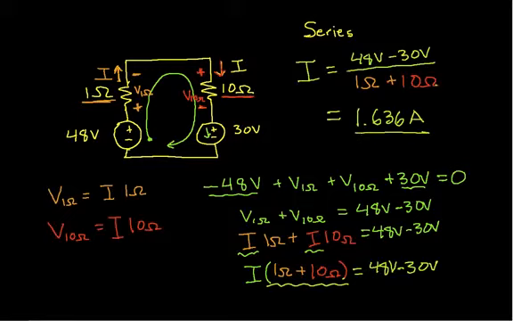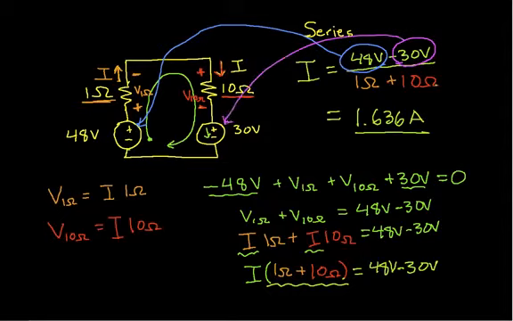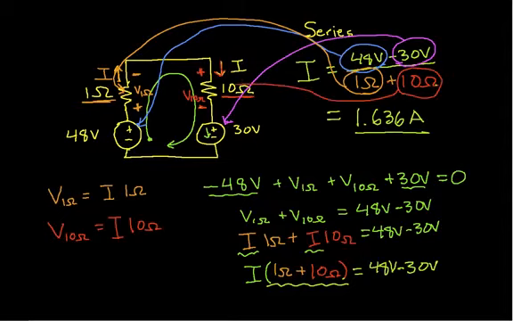Now, it turns out that there's a couple of interesting things to point out here. The most interesting and most useful thing is you'll notice that I have here 48 volts, which corresponds to this source, 30 volts, which corresponds to this source, and then 1 ohm corresponds to this resistor, and 10 ohms corresponds to this resistor.